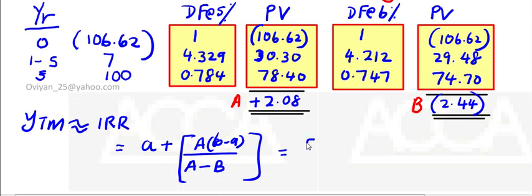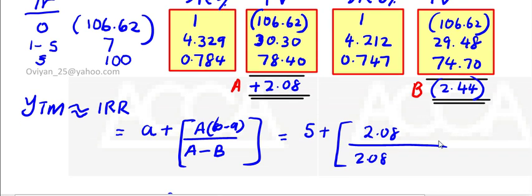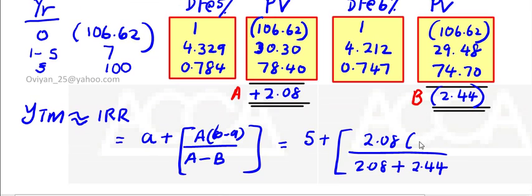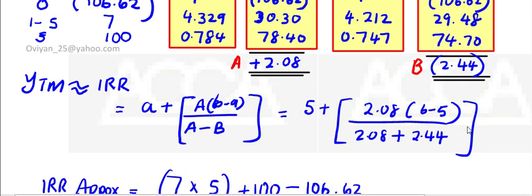This is going to be 5 plus 2.08 over 2.08 minus, in school we are always taught to plus, 2.44. Now 6 minus 5 is actually no use, because we always try to work out in a 1% difference, so it doesn't matter.